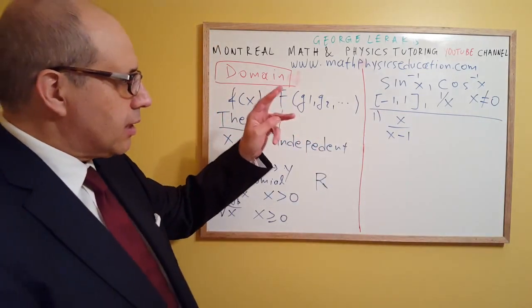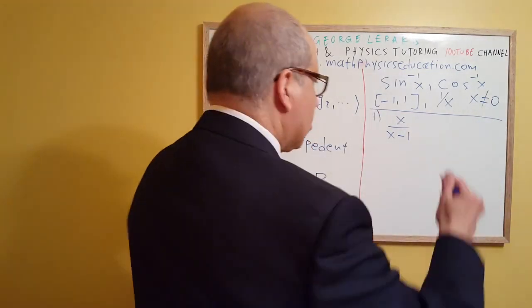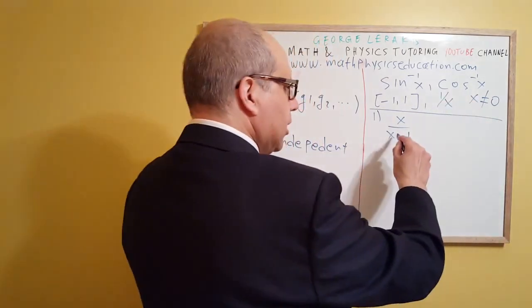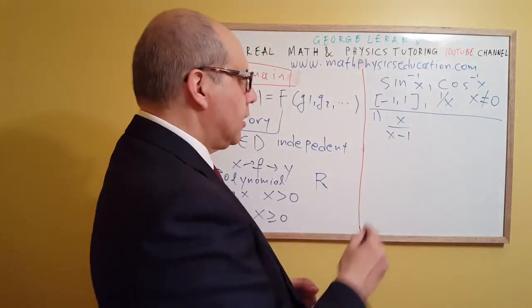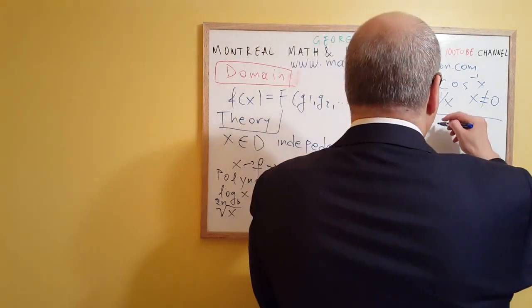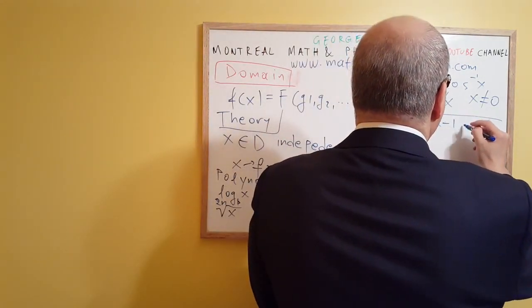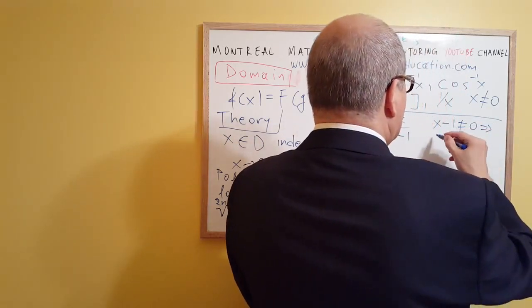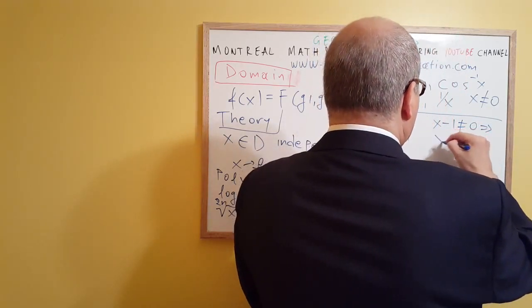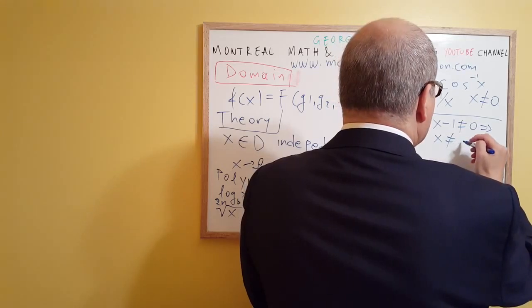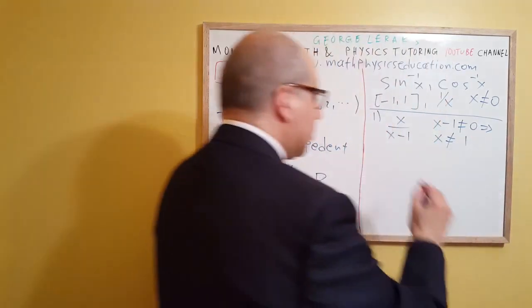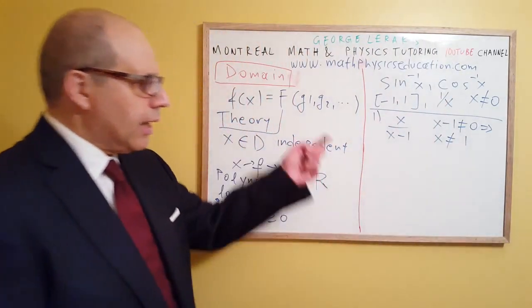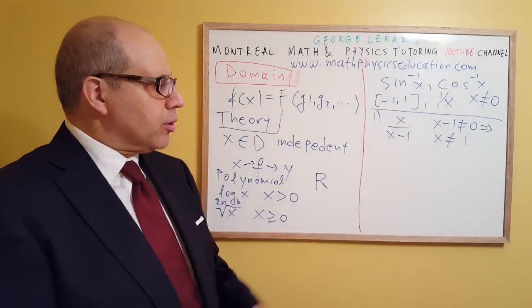This is a rational function, so we have to make sure that the denominator is different than 0, so that means x minus 1 has to be different than 0. If you solve this equation, you have that x has to be different than 1.